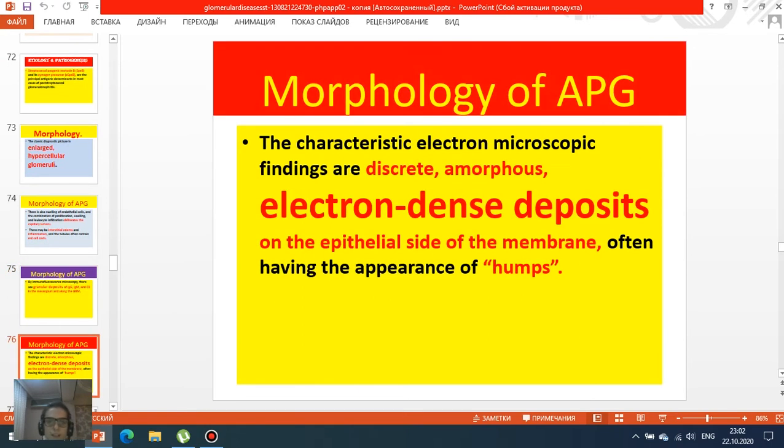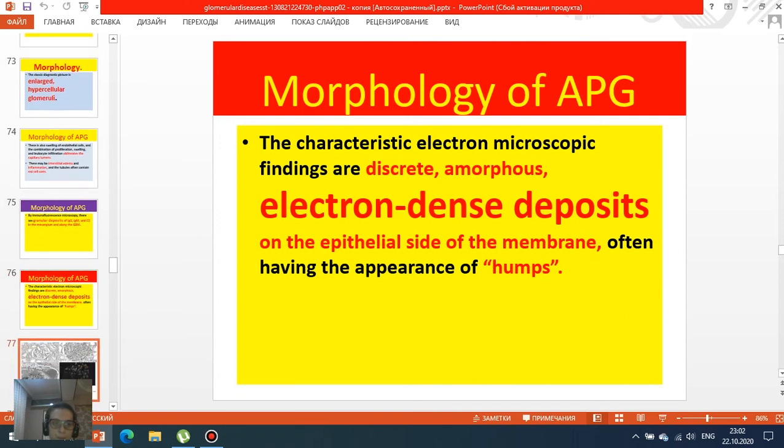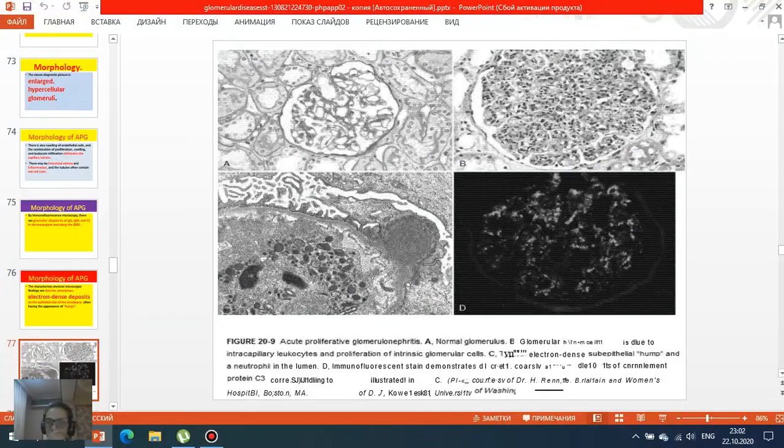The characteristic electron microscopic findings are discrete, amorphous, electron-dense deposits on the epithelial side of the membrane, often having the appearance of humps. In this picture, you can see four fragments. A is a normal glomerulus.